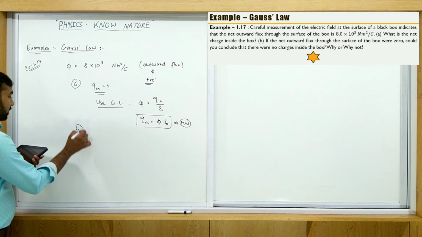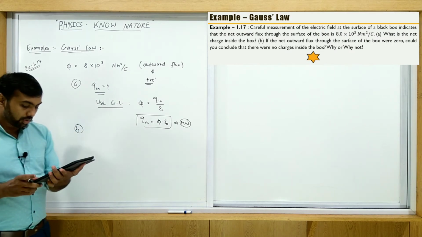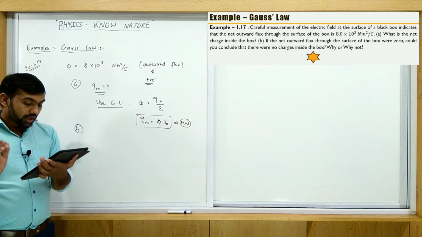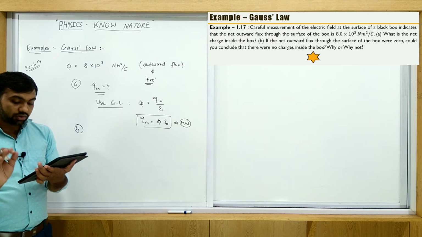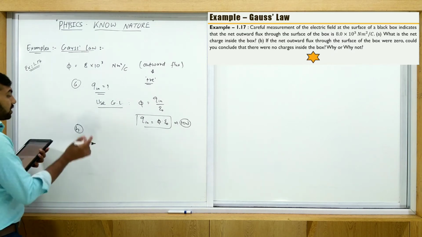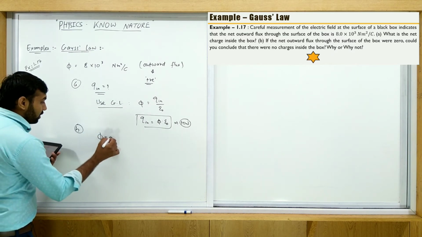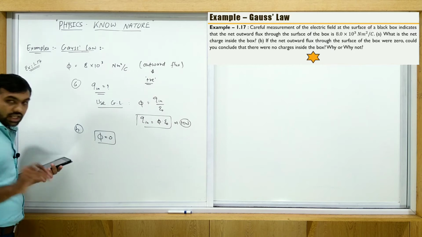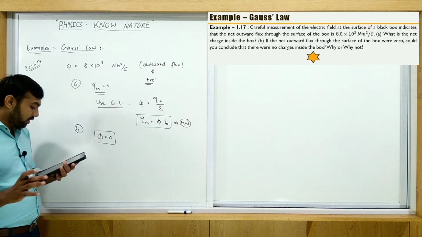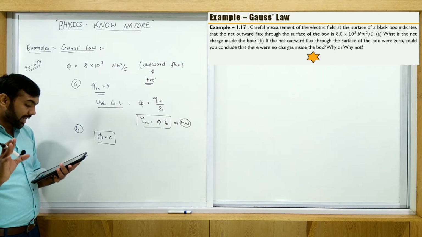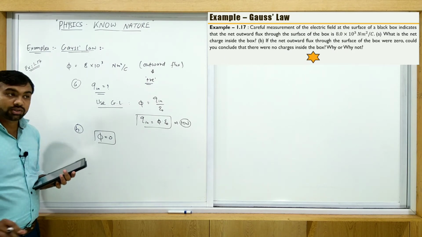Now the second problem, it is also given here. If the net outward flux through the surface of the box were 0, suppose, we don't know, suppose φ is equal to 0, then could you conclude that there was no charge inside the box?